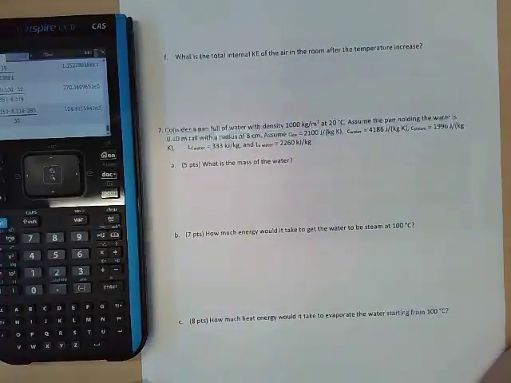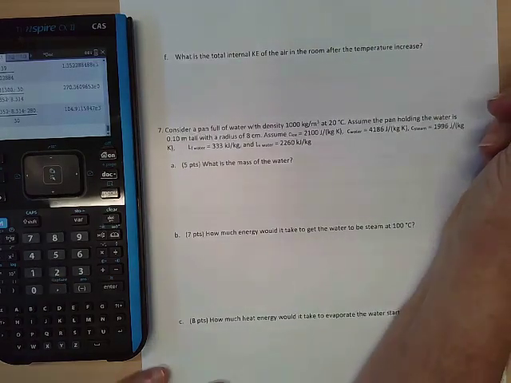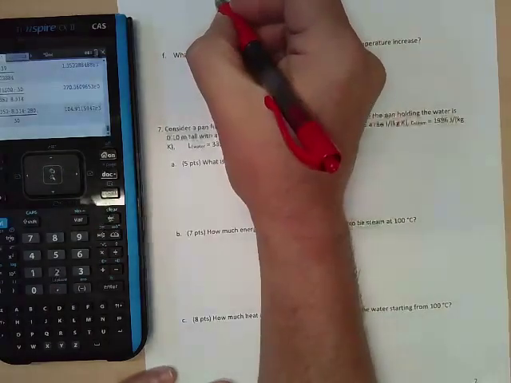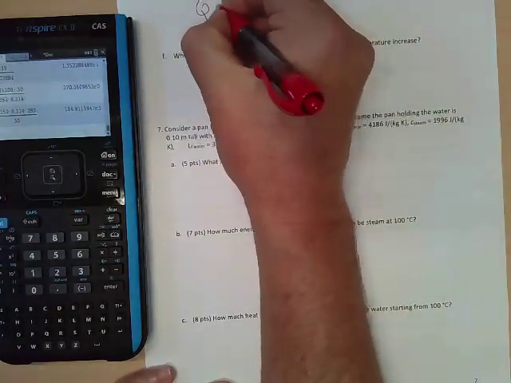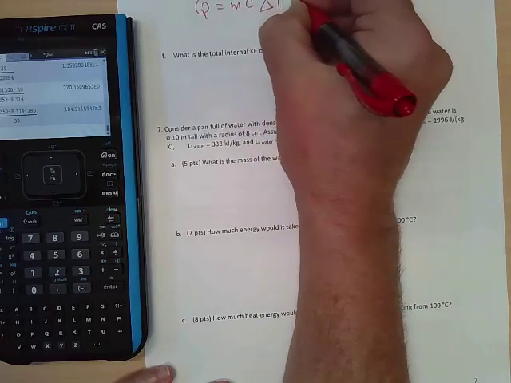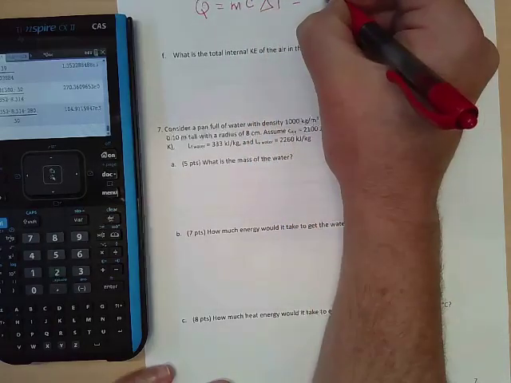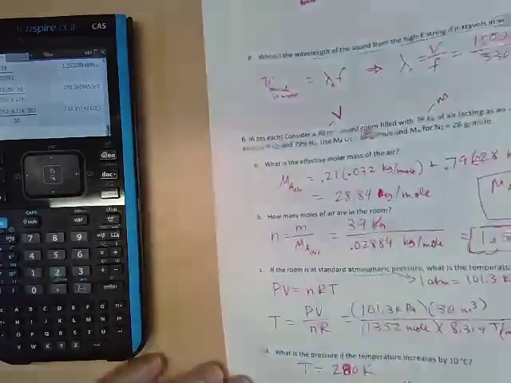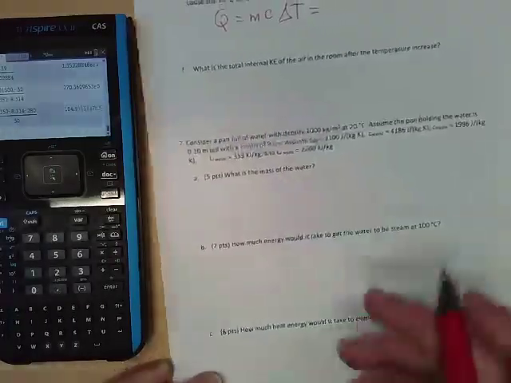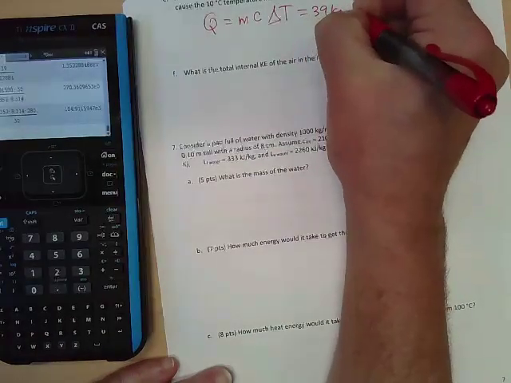If the specific heat of air at a constant volume is 0.72 kilojoules per kilogram Kelvin, how much heat is needed to cause this temperature increase? So we're kind of mixing things here, going into the heat kind of stuff where we got m, c, delta T. And so how much mass of air did we have? 39 kilograms.